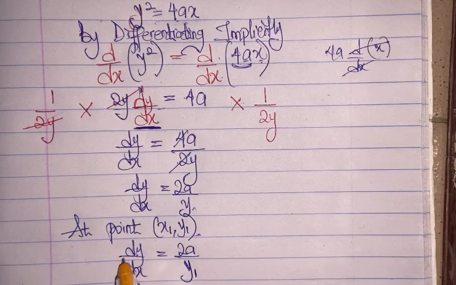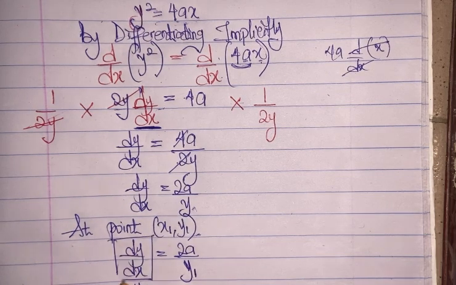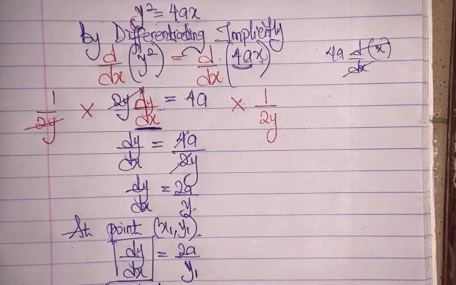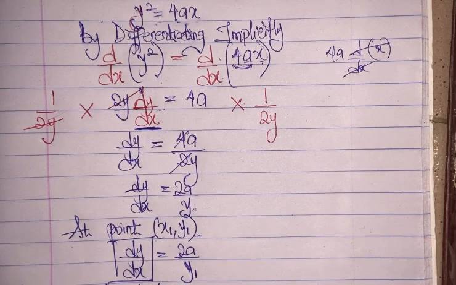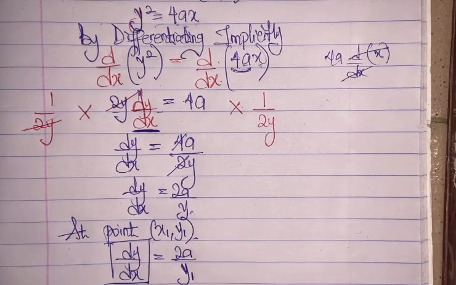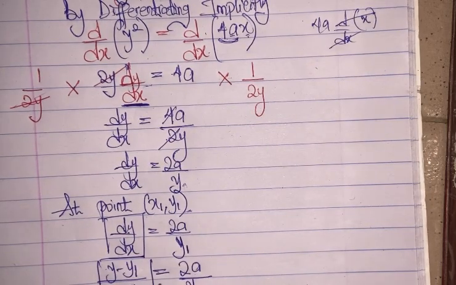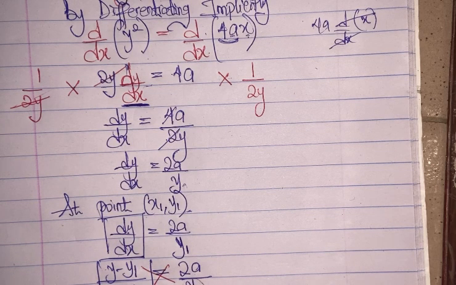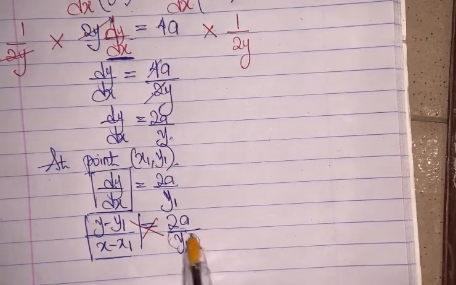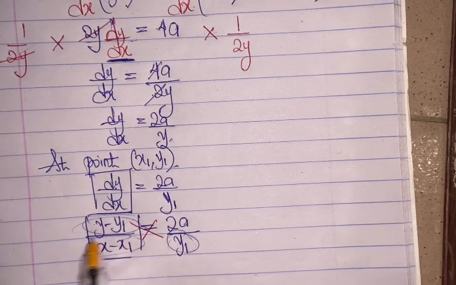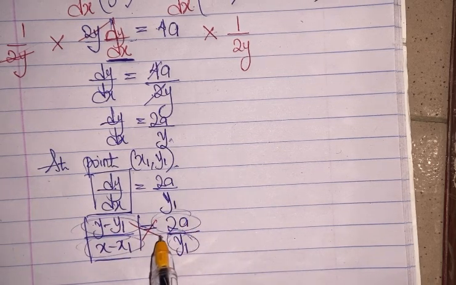It equals 2a over y1. Now when we get here, we can cross multiply.